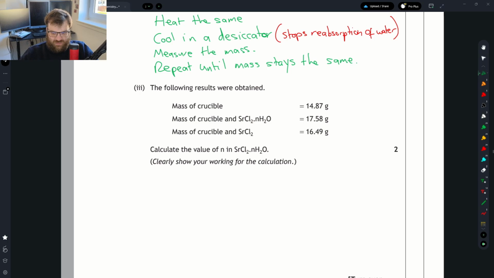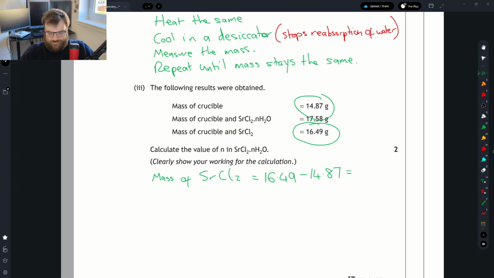Okay. 2 things we need to know. So we work out the mass of SrCl2 is going to equal the mass of the crucible with it minus the crucible. That's going to equal 16.49, take away 14.87, 1.62 grams.